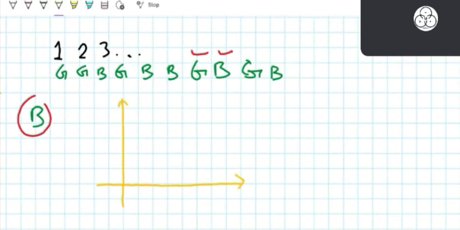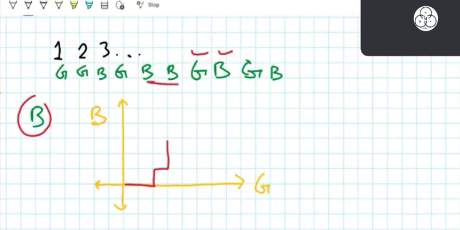This axis now denotes girls. This axis now denotes boys. Two girls, one boy. One girl, two boys. Two boys. Girl, boy, girl, boy.